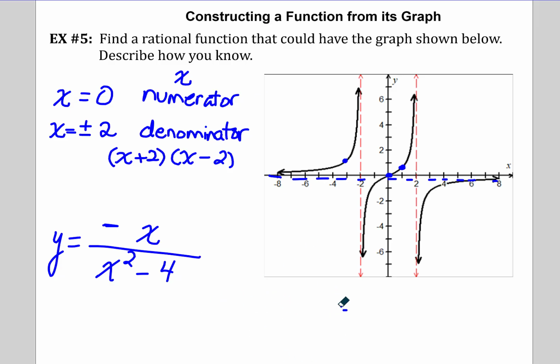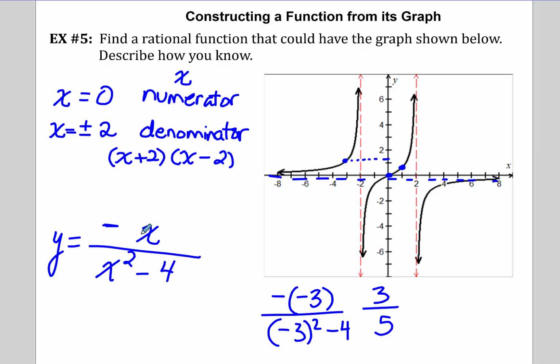If you put -3 in the numerator and -3 in the denominator, we're going to get 3/5. So that's not bigger than 1. So I'm thinking, how about if I have a factor of 2 there?